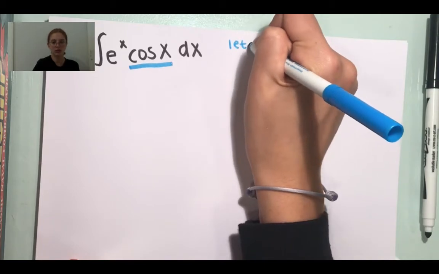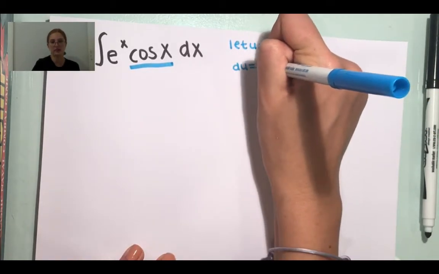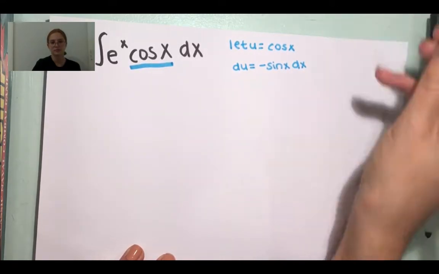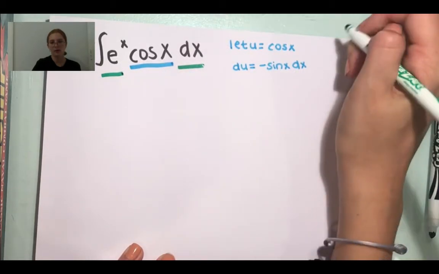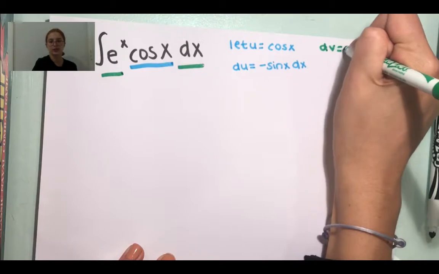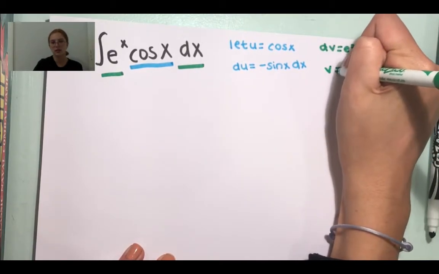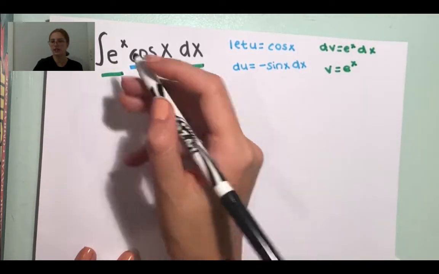If u equals cosine of x, du is going to equal negative sine of x. Then dv equals e to the x dx, so v, when you integrate both sides, is going to equal e to the x.